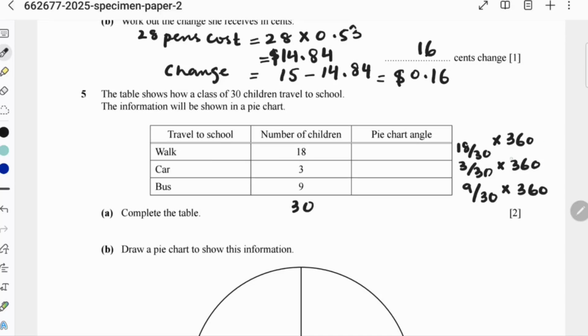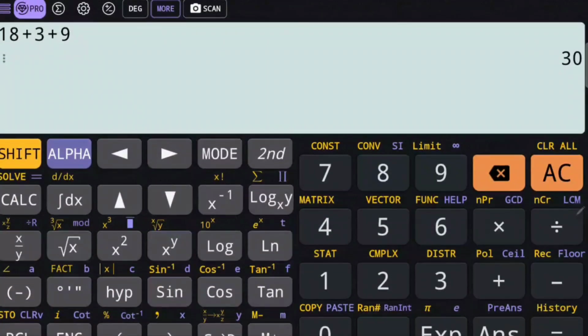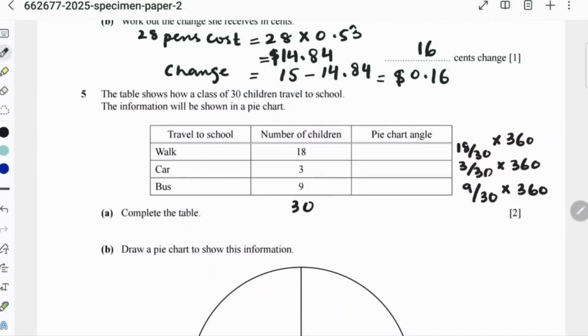We know that 360 and 30 you can divide first and then multiply by the number. So that is much easier. 360 divided by 30 is only 12. So for every number you are just multiplying it by 12. 18 times 12, 3 times 12, 9 times 12.